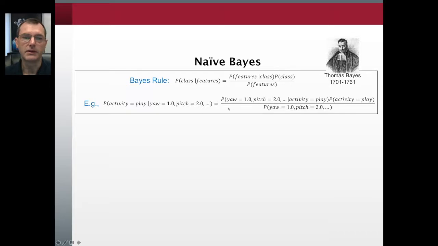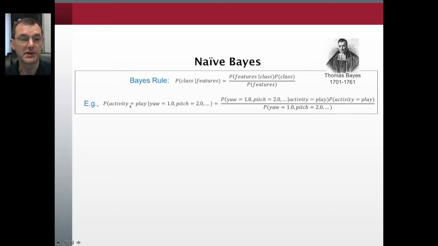So here is a version of Bayes' rule that's tailored to our particular task of predicting an activity based on features or sensor data. Bayes' rule basically says that if you want to compute the probability of a class given features, or an activity given sensor values, then you can rewrite that as a formula based on three different probabilities, namely reversing the conditional probability and computing the probability of the features given the class, multiplied by the prior probability of the class, and divided by the probability of the features.